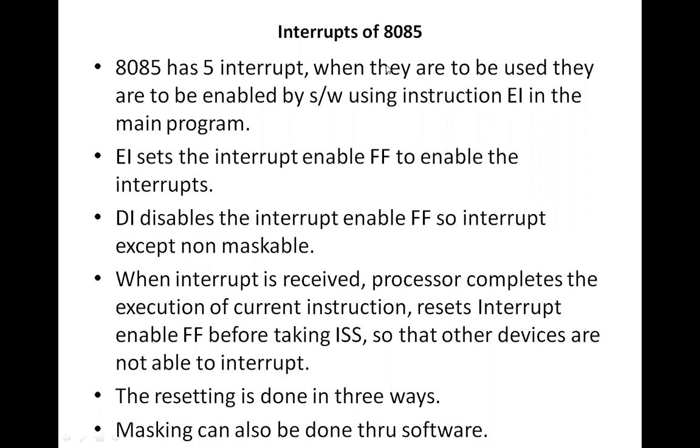Now what happens when an interrupt is received by a processor? Whenever any device which is connected to the processor through these interrupt lines sends a high signal on the interrupt line, this interrupt is received by the processor.